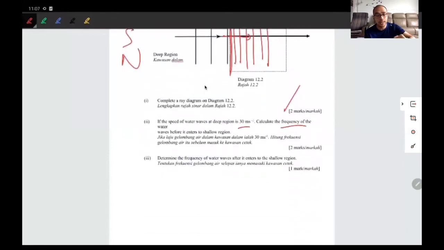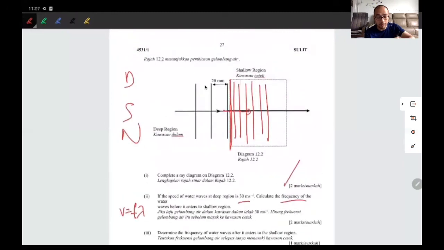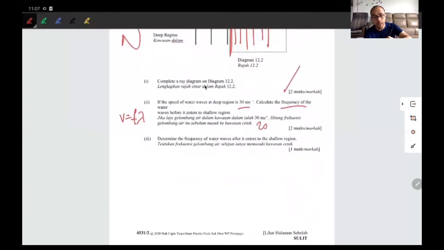Okay, speed of the water waves is this. Calculate the frequency, same thing, V equals F lambda. I think you are given lambda. The wavelength is 20 millimeters. Once again, milli, 20 times 10 to the power of -3. Be very careful. Lambda, make sure you change it to meters. Determine the frequency of the water waves as it enters the shallow region. It is the same frequency.